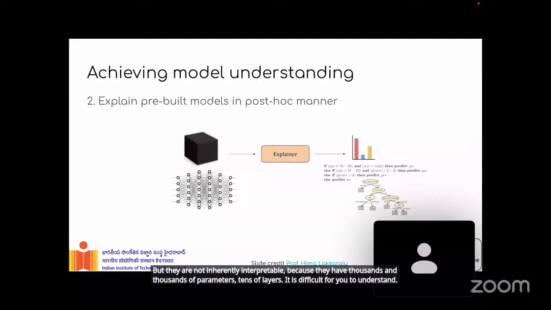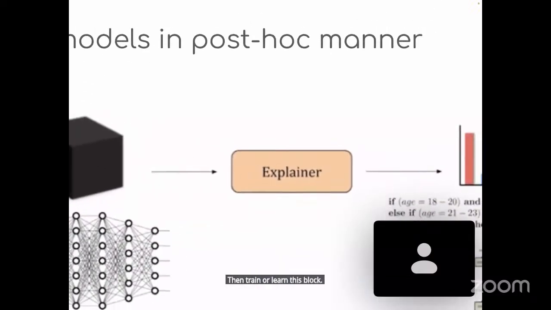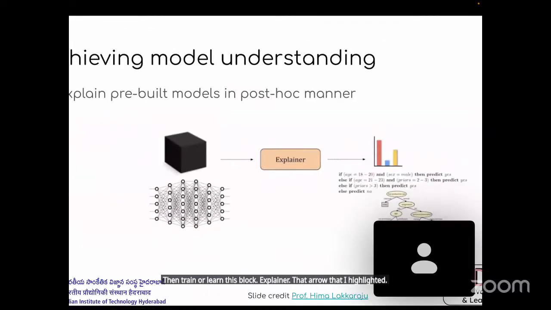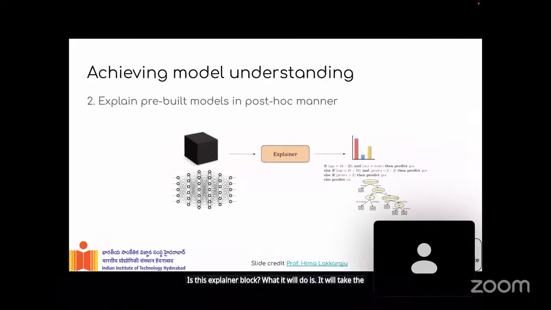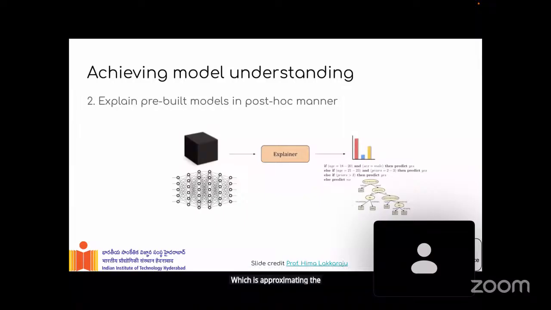So without compromising accuracy, you train such a complex model, then train or learn this block, the explainer. That arrow that I highlighted is this explainer block. It will take the complex model and produce a simple linear or decision tree like inherently explainable model, which is approximating the sophisticated model.